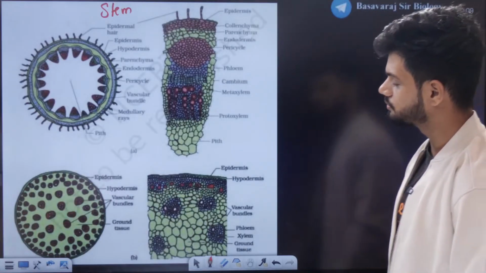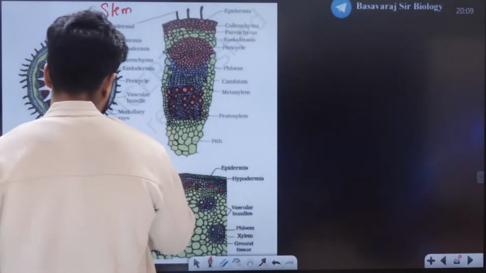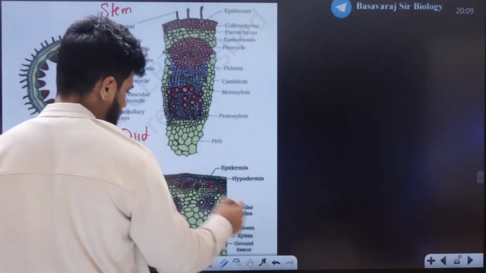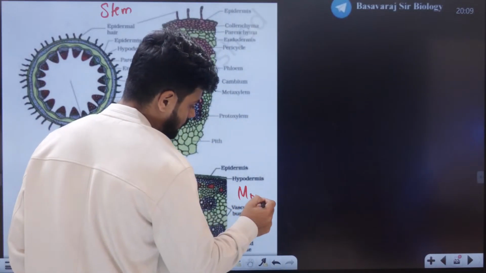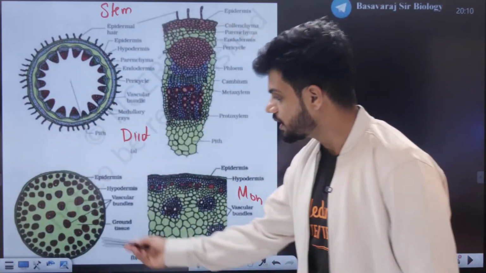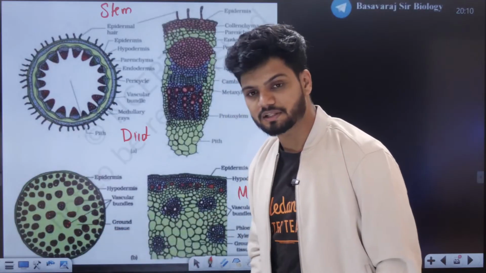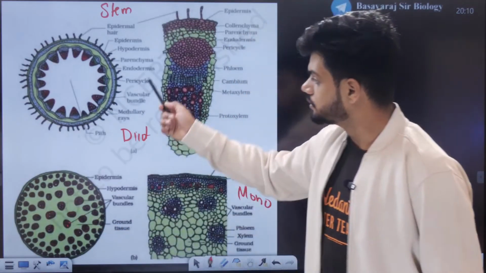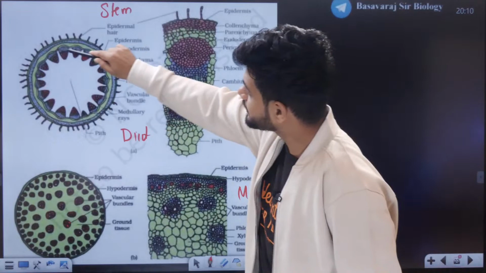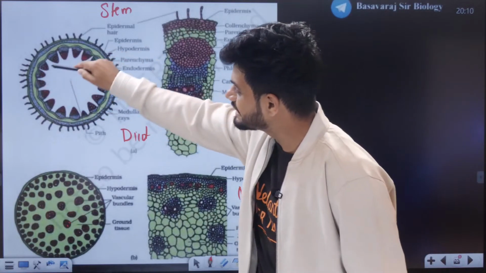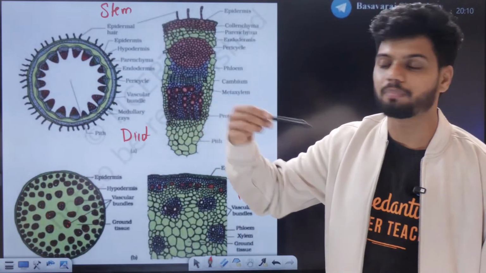First one is dicot. Lock. Can we lock? Yes, this is dicot. This is monocot. Why is this monocot? Because of the scattered vascular bundles. And can you see here, a water cavity is present here. This is a dicot because of the ring arrangement of vascular bundles.